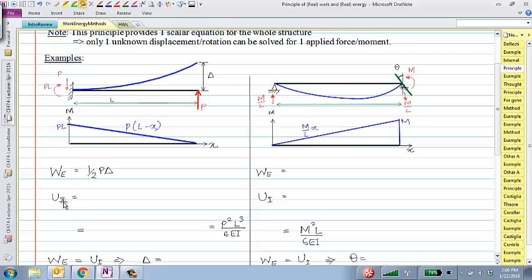And what would be the internal energy stored in this cantilever beam if this is the bending moment diagram? What expression should I use to calculate the internal energy stored in that beam? Maybe I'll put those expressions up here.